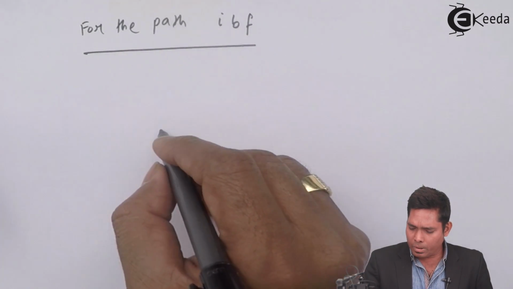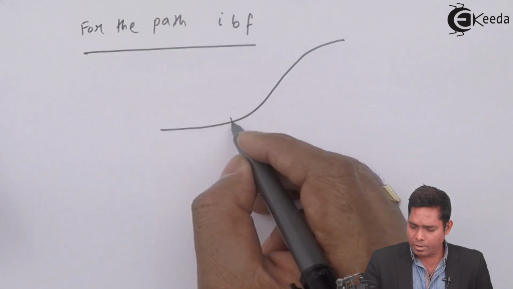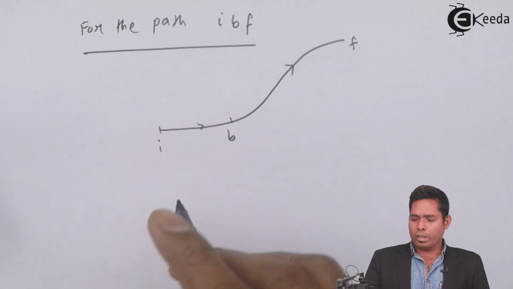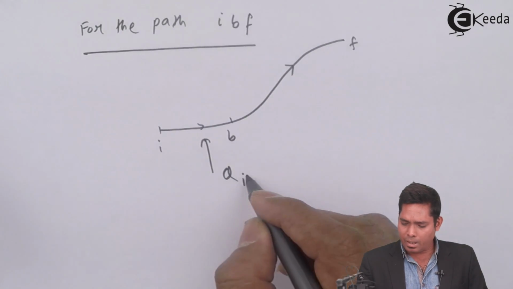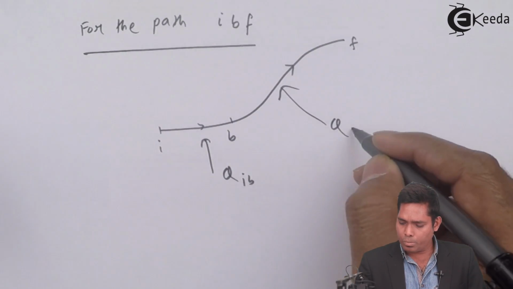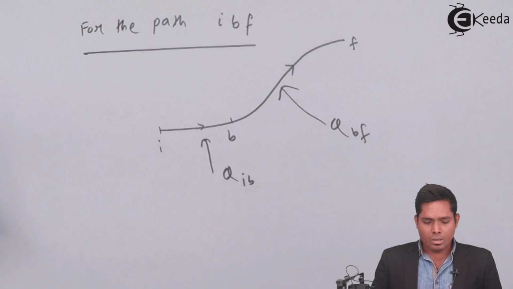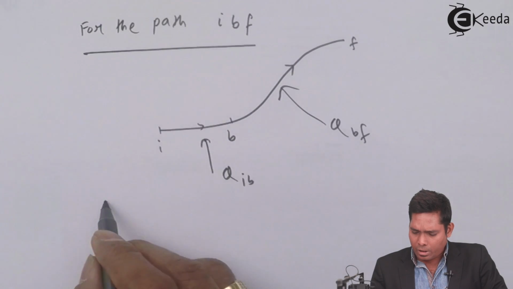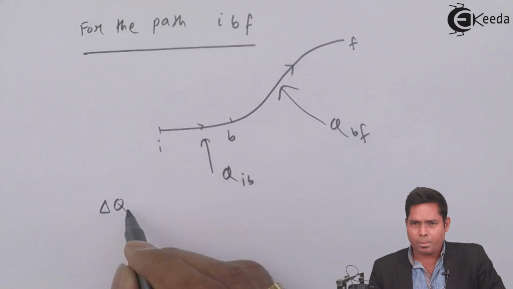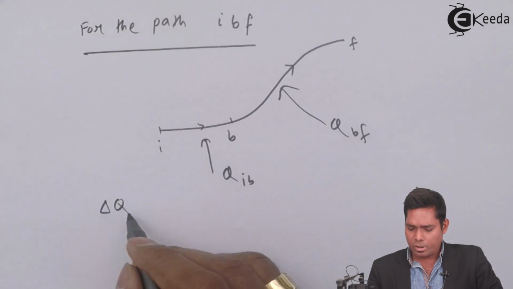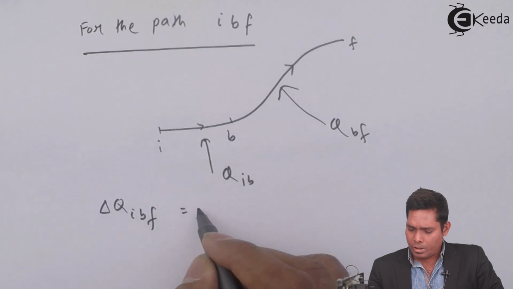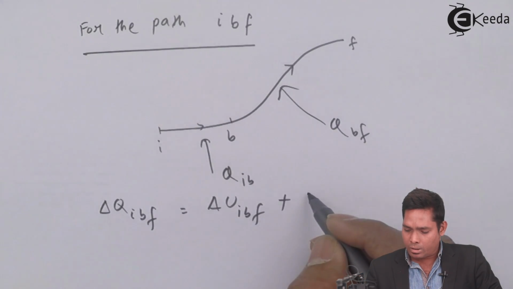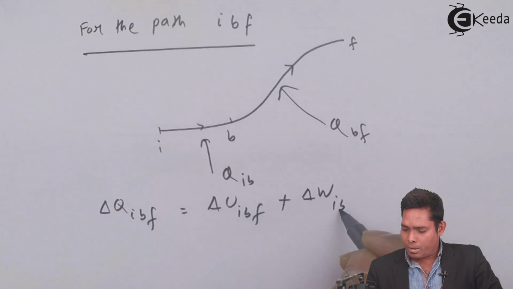I am going from here to this point, and this is I, this is B, and this is F. The heat supplied, Q IBF, is the change in internal energy IBF plus the work done delta W IBF.